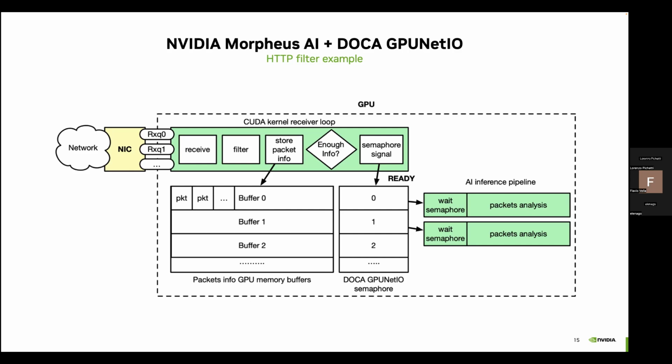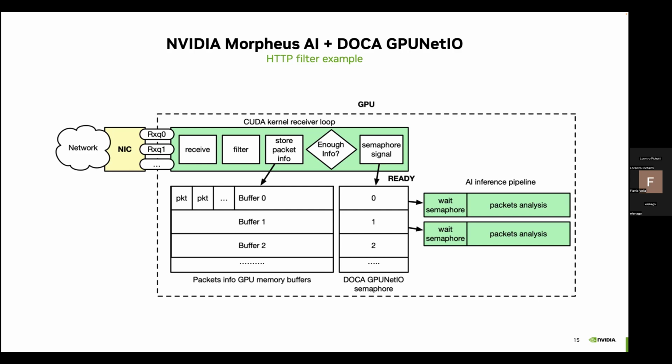What you're seeing here is a specific use case where Morpheus has to sniff the network and analyze a certain type of packets, for example, HTTP packets, and it has to detect online in real time if there is any security threat using an AI inference pipeline. So an example of architecture that we built is depicted in this picture.